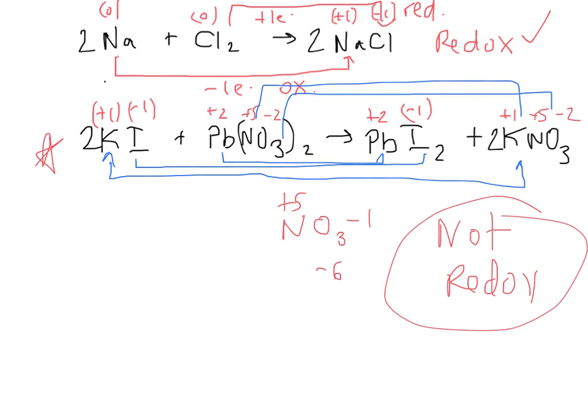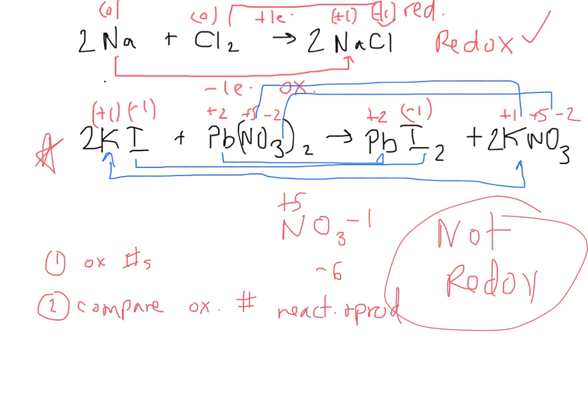Okay, so questions like this come up. The way you want to approach it is first you want to assign oxidation numbers, and then you want to compare those oxidation numbers between your reactants and products. If you've identified all the oxidation numbers correctly, and if there is a change, you have a redox reaction.